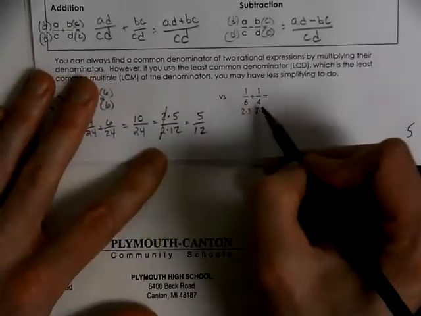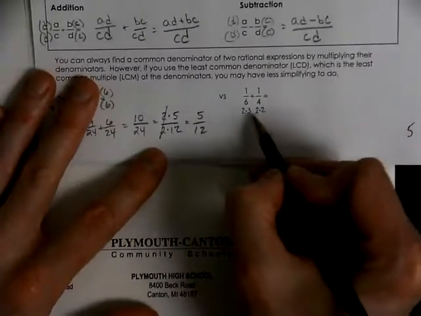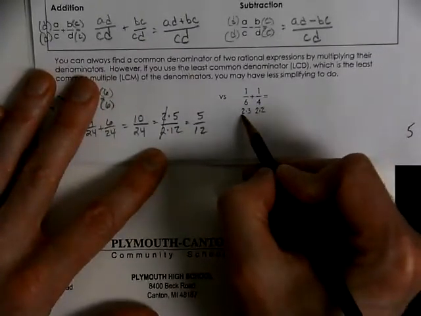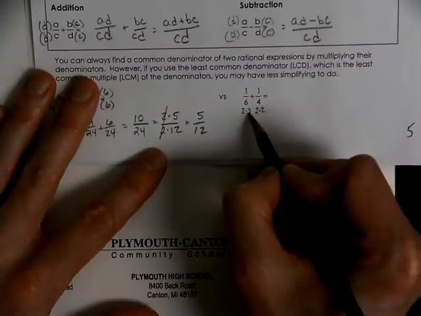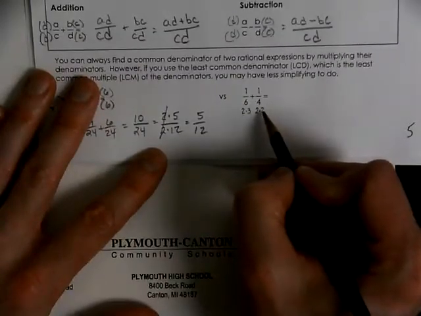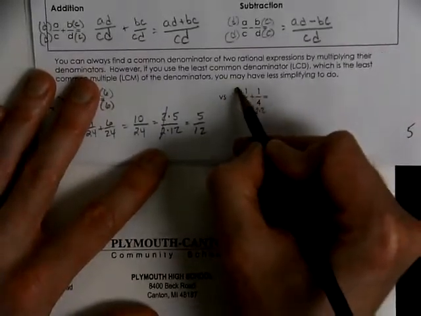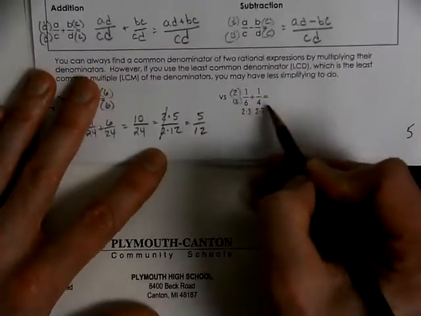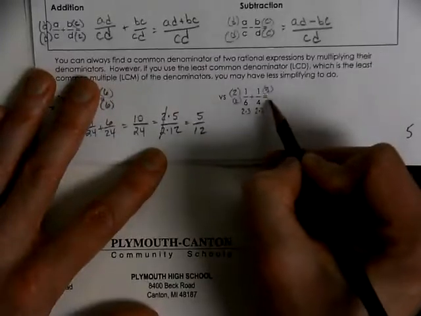So over here, what I need to multiply by is that second 2. They both have a 2, but they don't both have 2 2's. So I'm going to multiply this one by my additional 2. On this side, it's missing the additional 3.